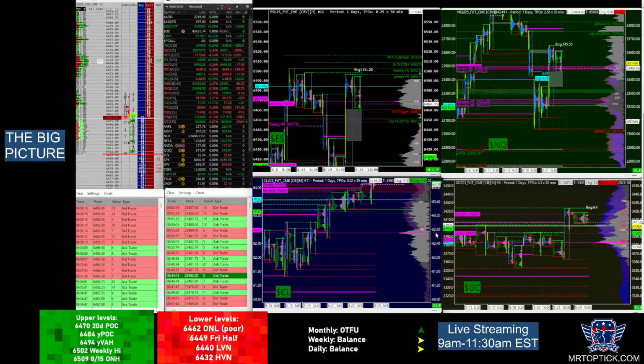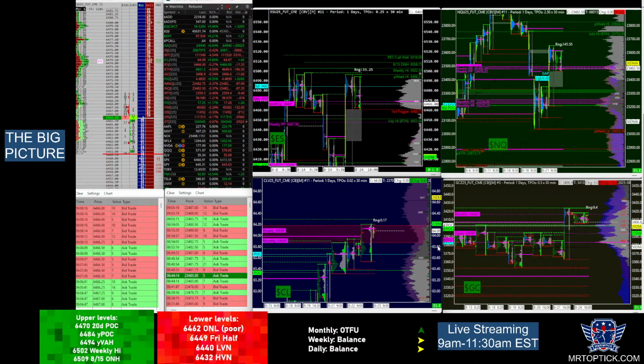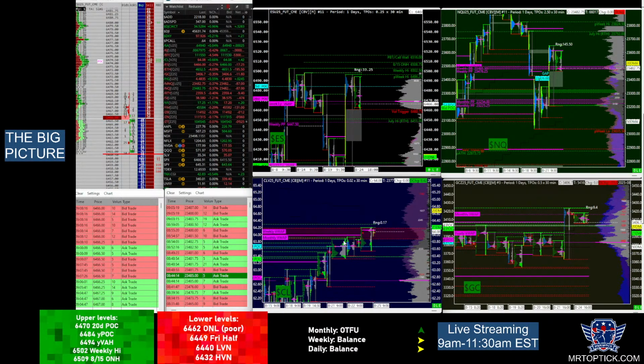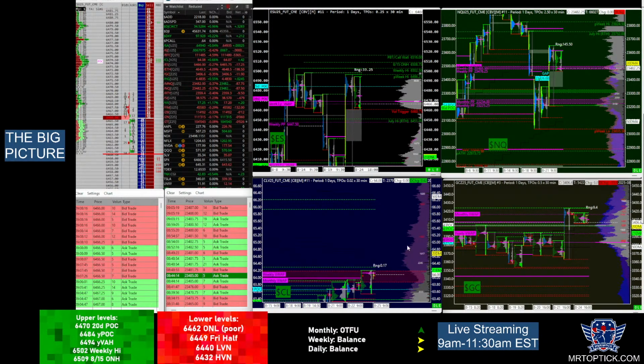Crude got to that upper target the other day on Friday, and now it seems like it wants to keep going. Like I said before, if we break this, then I'm looking for this area, 64.60, and then a little bit of resistance at 65, but then we have another distribution here between 65.20 and 65.50.